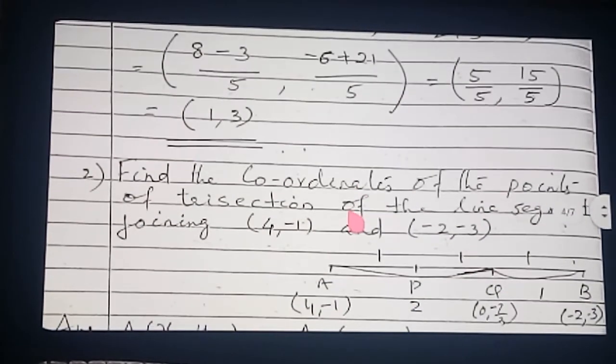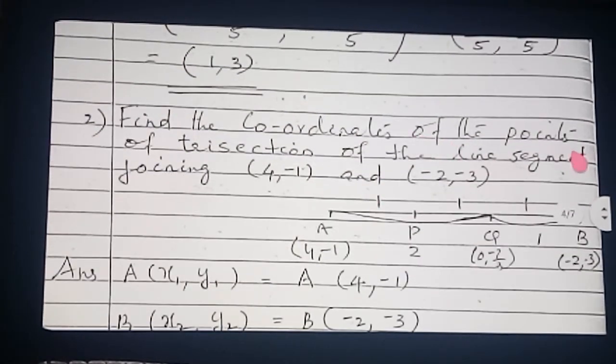Now question number 2, listen. Find the coordinates of the points of trisection of the line segment joining (4, -1) and (-2, -3). Trisection means dividing the line segment into 3 equal parts. Bisection means dividing the line segment into 2 equal parts.